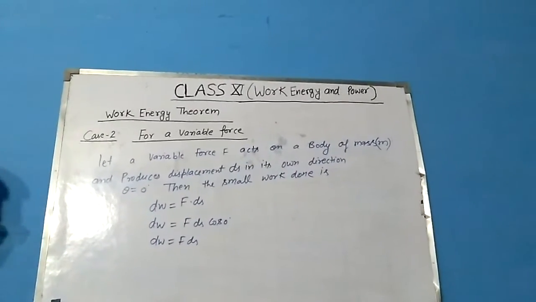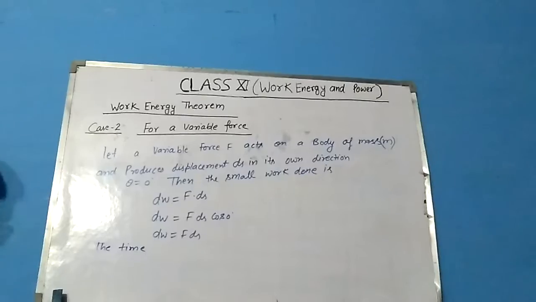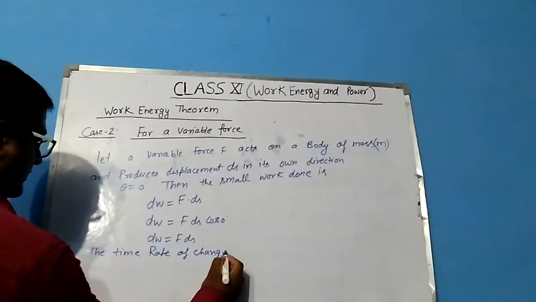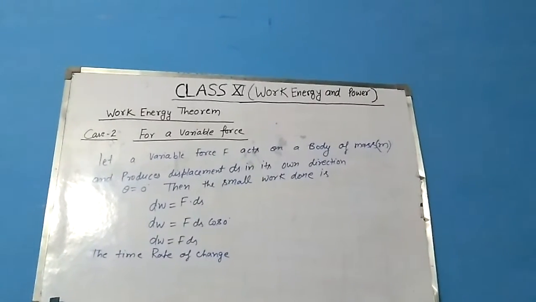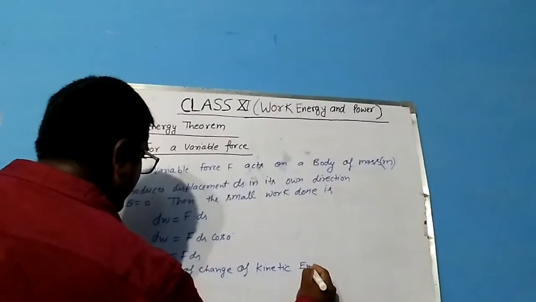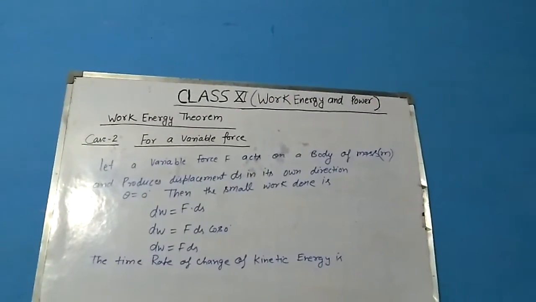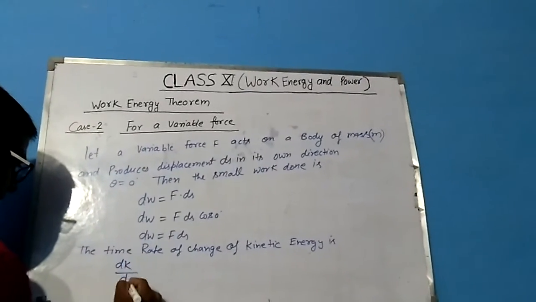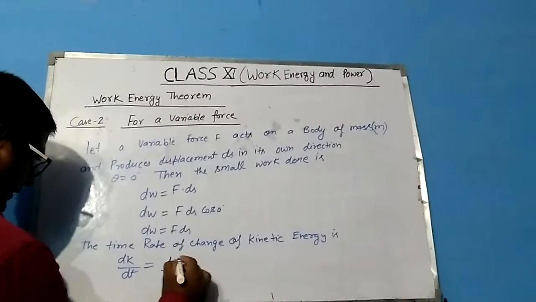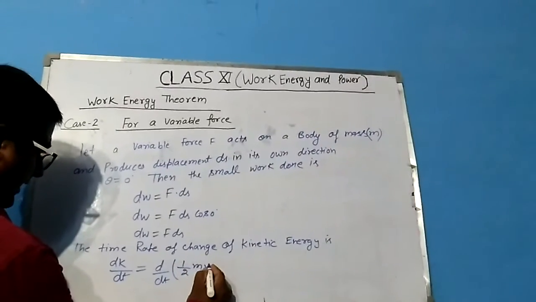So the time rate of change of kinetic energy is dK by dt equal to d by dt of K, half m v square.